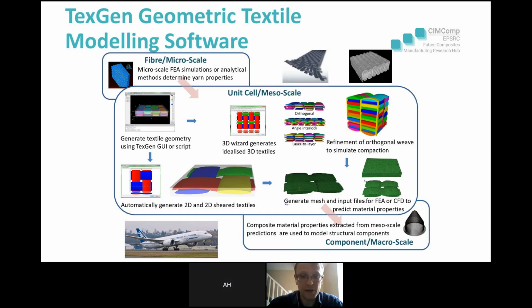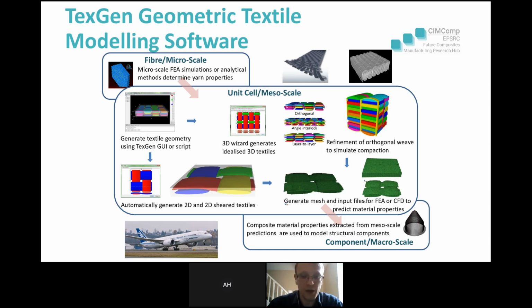To be specific, TexGen sits right in between the micro-scale modeling and macro-scale modeling. At the meso-scale, where TexGen is used, we look at the internal structure of textiles. We look at individual tows and how they interlace with each other, but we do not look at individual filaments.